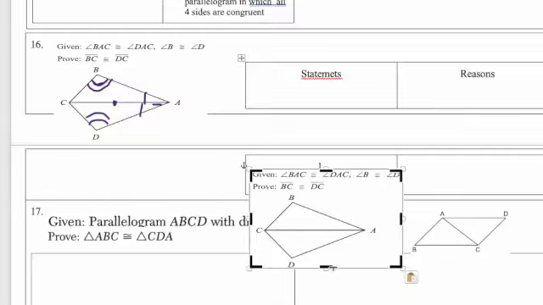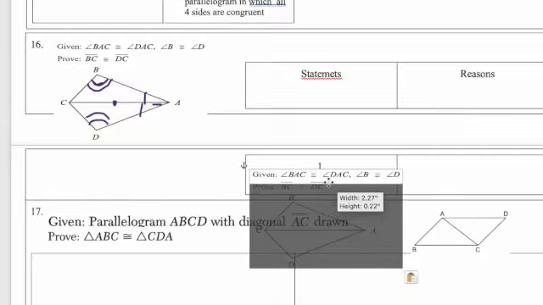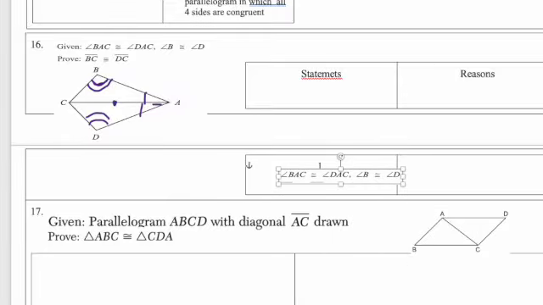Just going to crop it because I don't feel like rewriting it all. Okay. And this is all given. Okay.